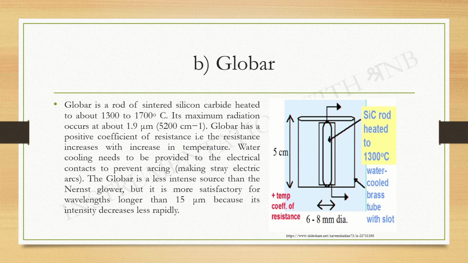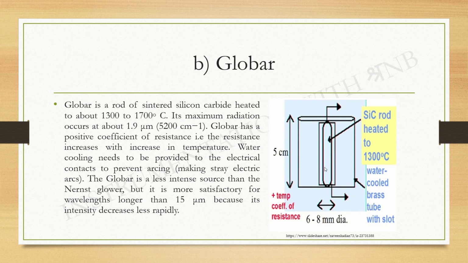The maximum radiation occurs at about 1.9 micrometer or 5200 centimeter inverse. But water is needed to cool the electrical contacts in order to prevent arcing. Electric arcs, basically, here is the sintered rod and water is there to keep this rod cooled to avoid sparking.